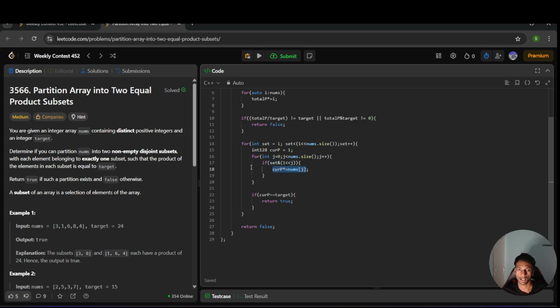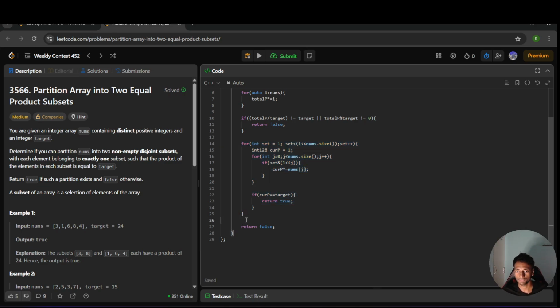Correct? After iterating all the numbers, I have the product of the current subset in the current product variable. I check whether the product of the current subset is equal to target, and if so, return true. In this loop I generate all the possible subsets of subset 1 and subset 2 correspondingly, both being equal.